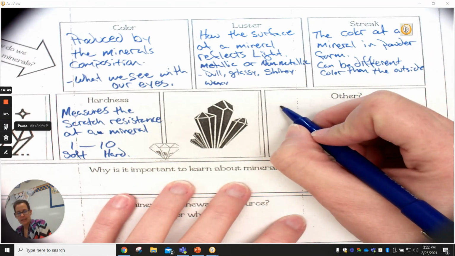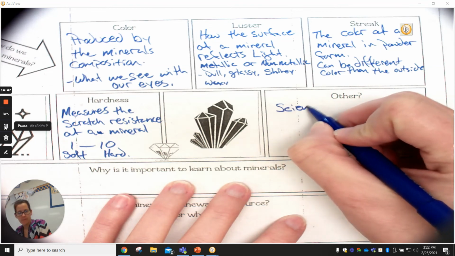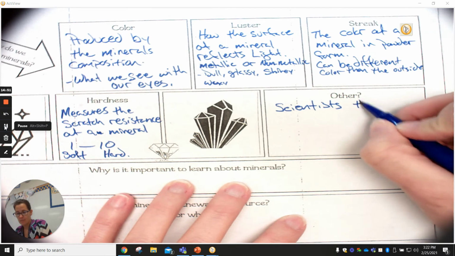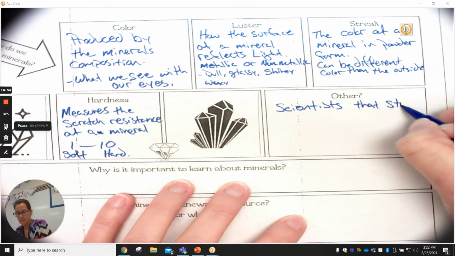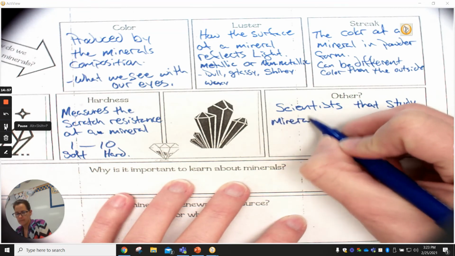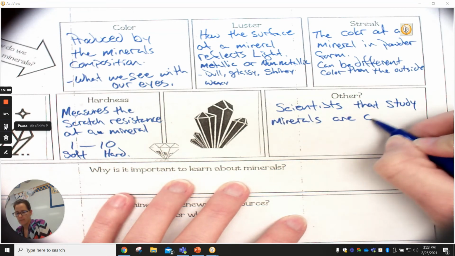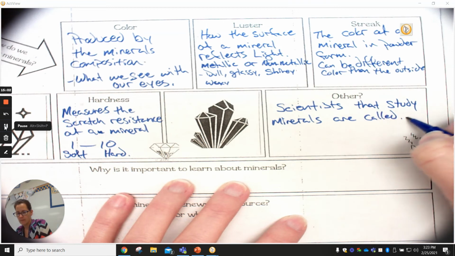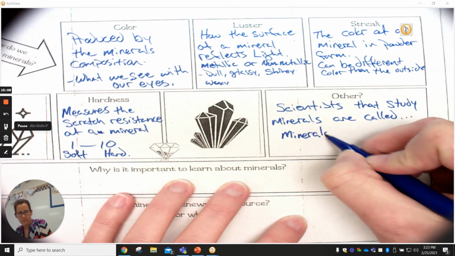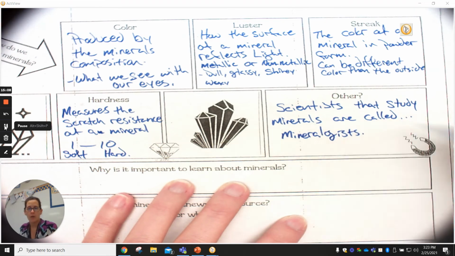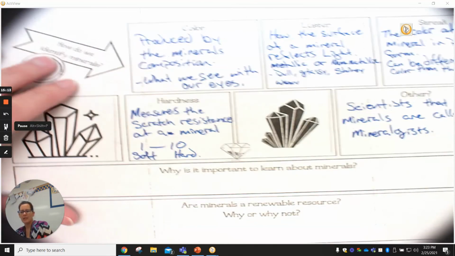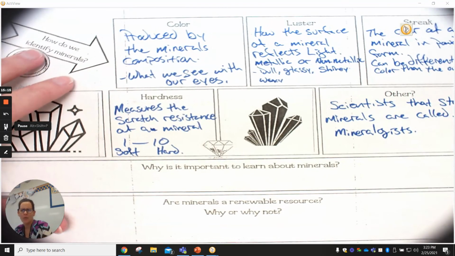So, scientists that study minerals are called mineralogists.